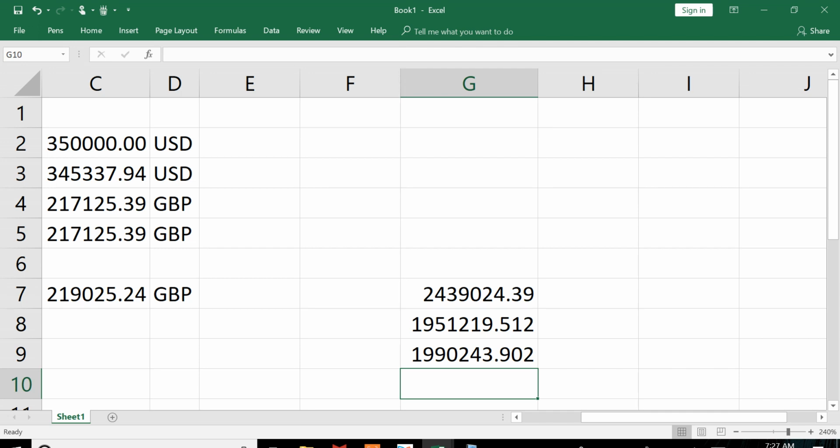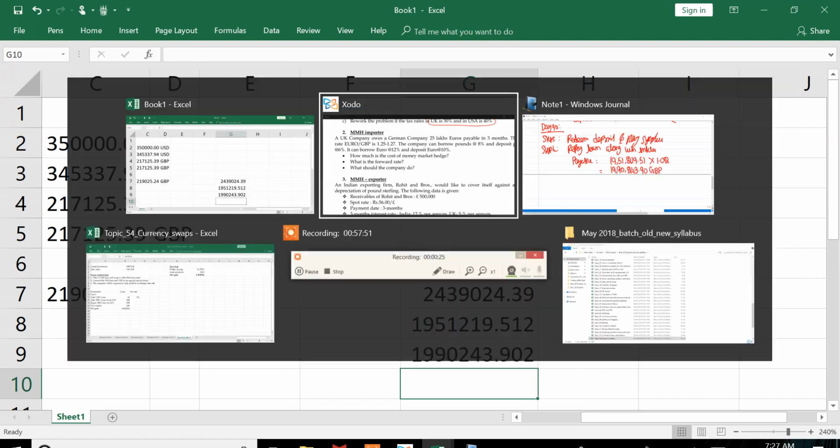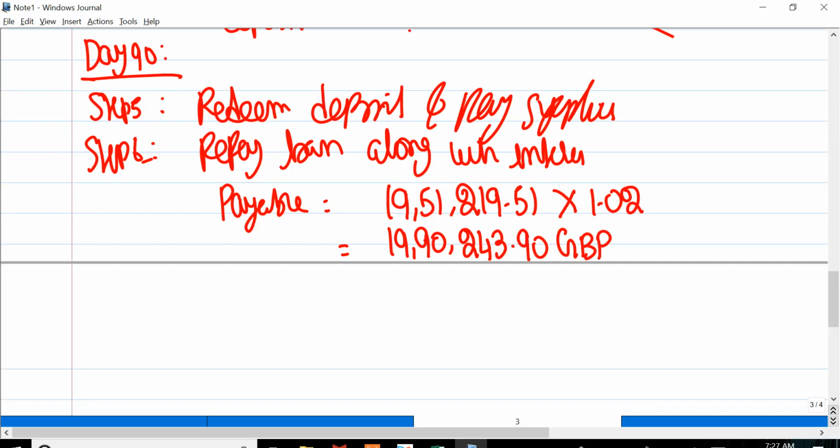This is what the expectation is. 1 GBP is how many euros? You can divide and tell me then finally. Euro 25 lakhs is equal to GBP 19 lakh 90,243.90. Let it be a 4 decimal number.